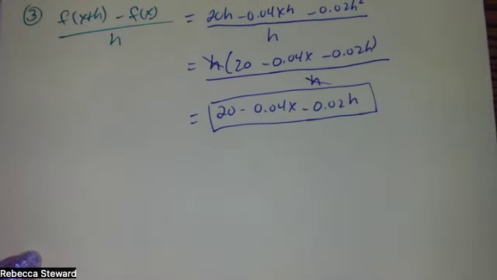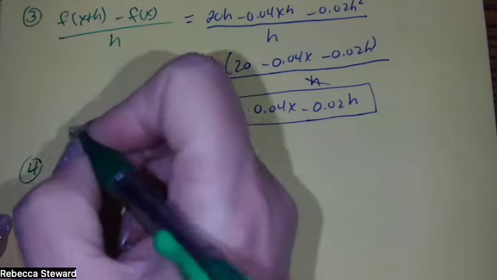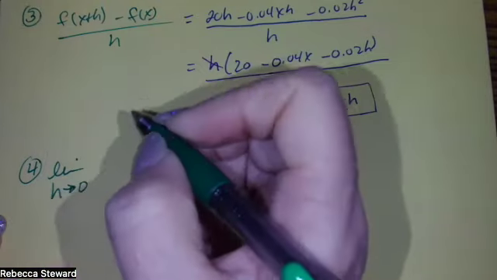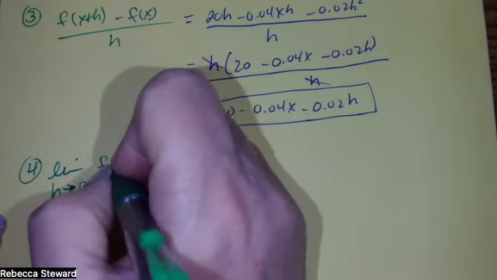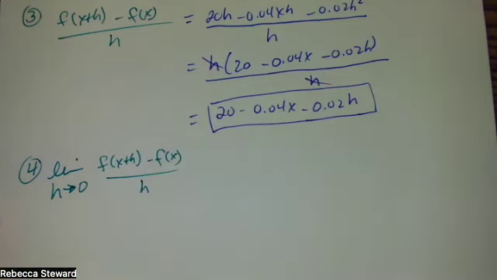Okay, so now we have a step 4. For step 4, we are looking at the limit as h approaches 0 of our f of x plus h minus f of x all over h. So what does that mean?